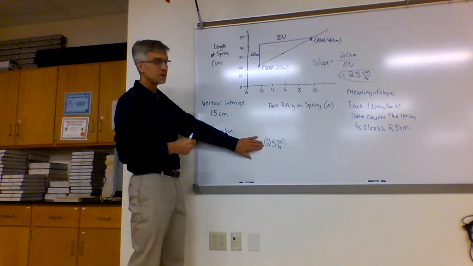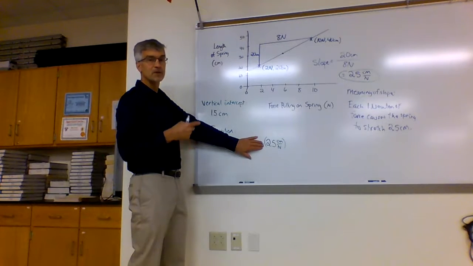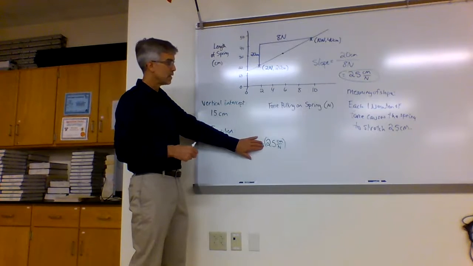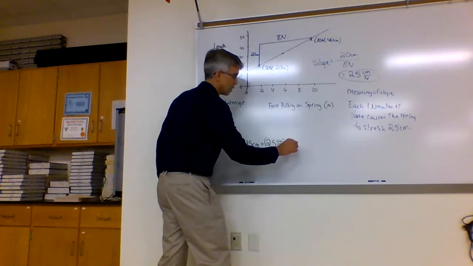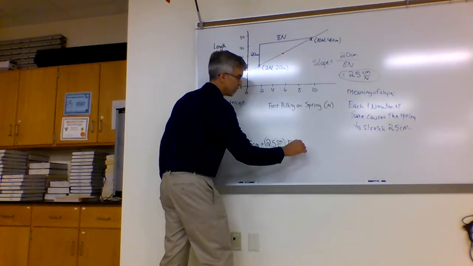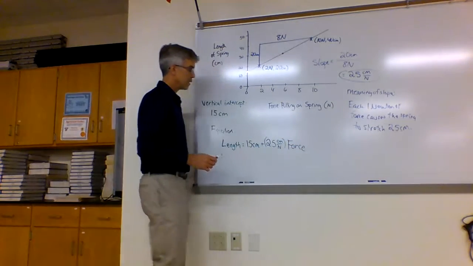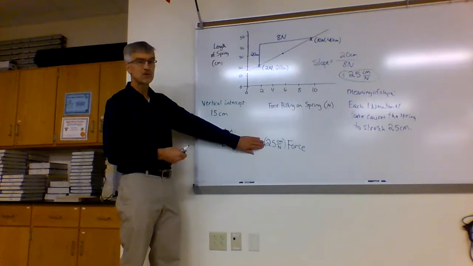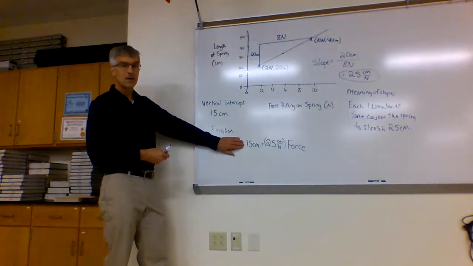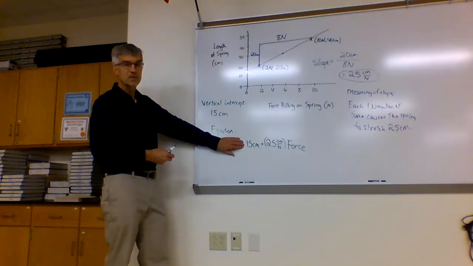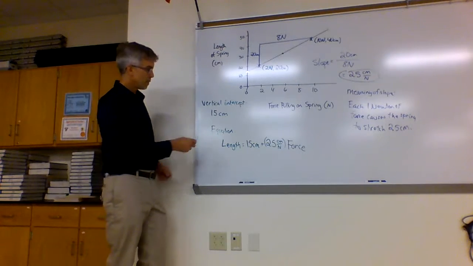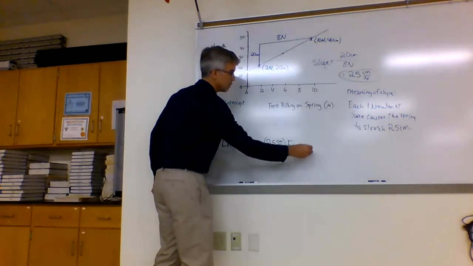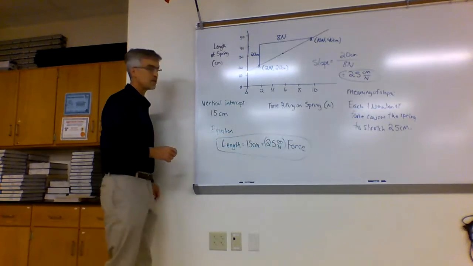If I multiply it by 2 newtons, it'll tell me how much the spring will stretch if I add 2 newtons of force, etc., etc. So if I multiply this by force, which is the independent variable, it'll tell me how much the spring stretches for that given force. When I add to it the initial length of the spring, I get the total length of the spring. So that's how you write the equation, and that's how you make sense of the equation.